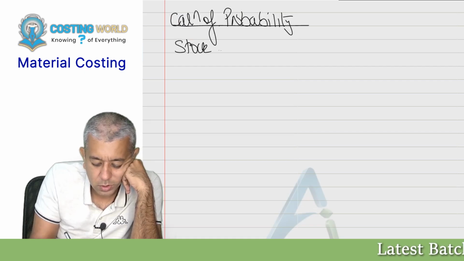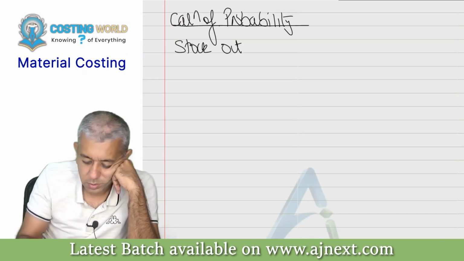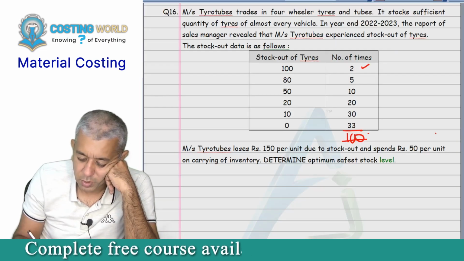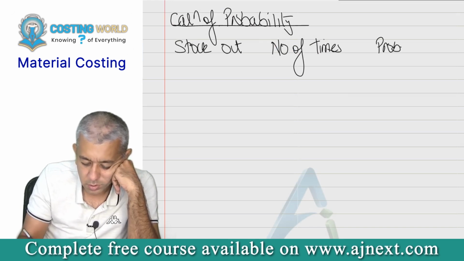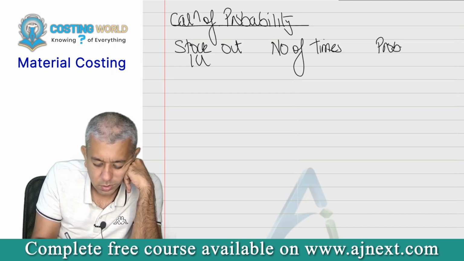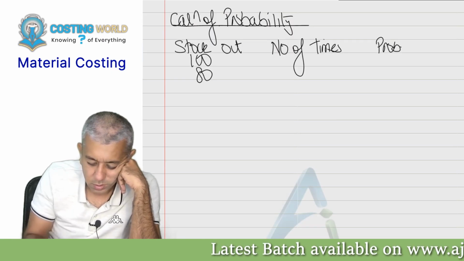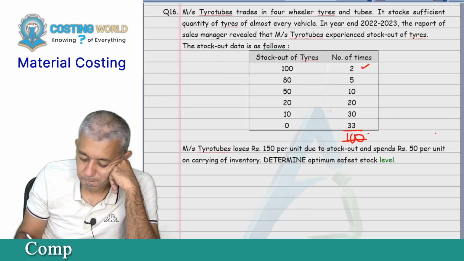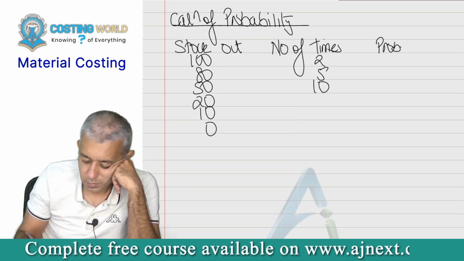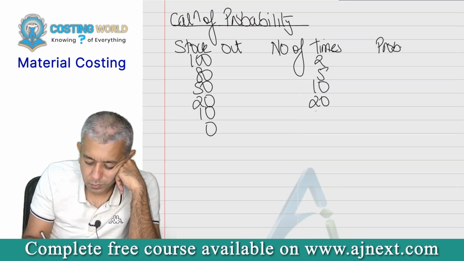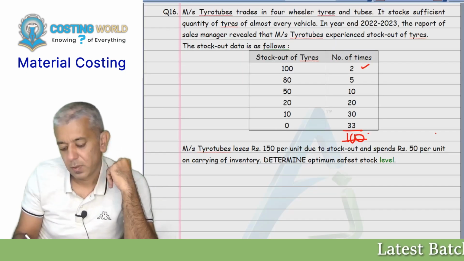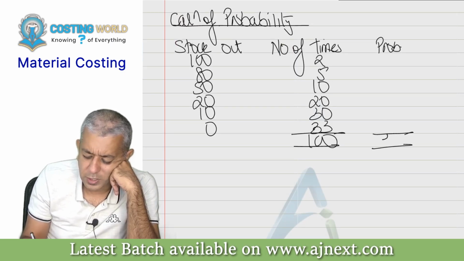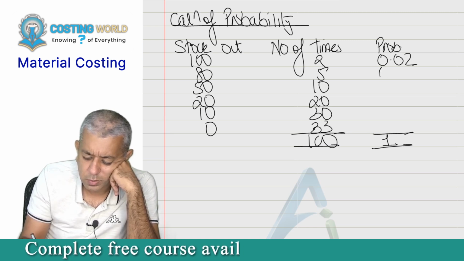Write down stock out, number of times. Probability is out of 1, so just convert it, no?